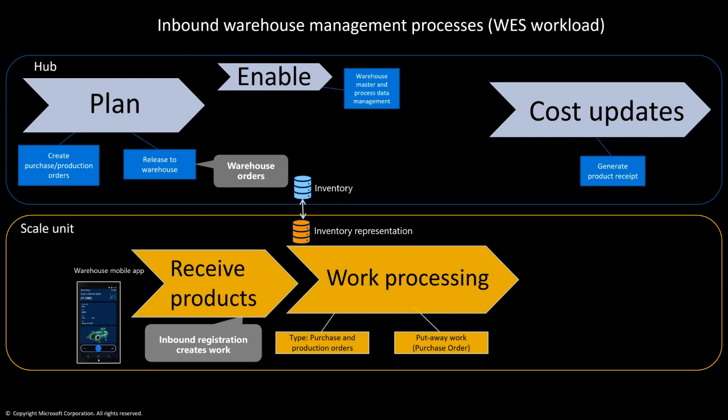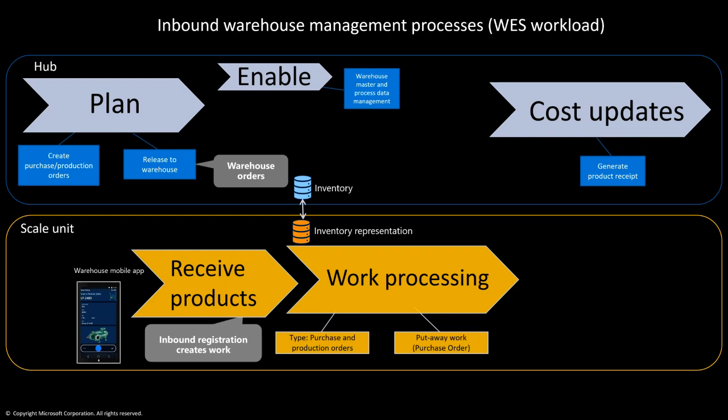Just like if you're using our warehouse management module today, there's a release to warehouse function in order for work to get generated. On the inbound side, we also now have this release to warehouse concept to create these warehouse orders, which we then receive against on these scale units. So in this process flow, which I also plan on demoing for you shortly, you receive products and then you execute your work processing.